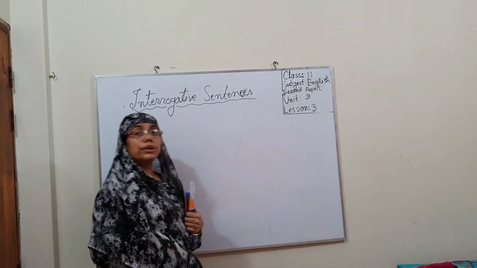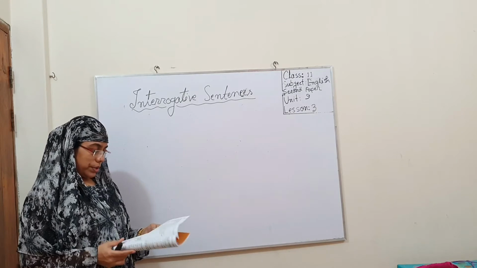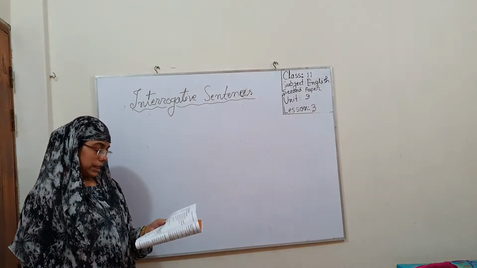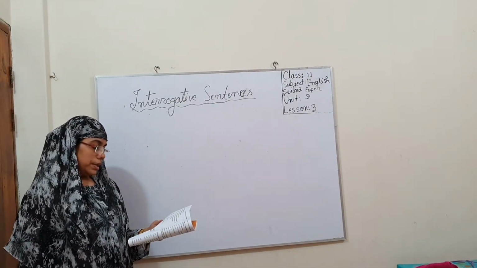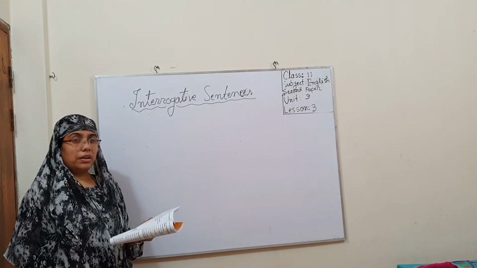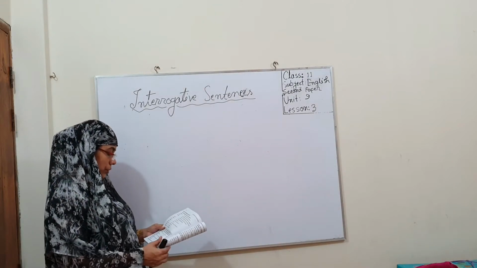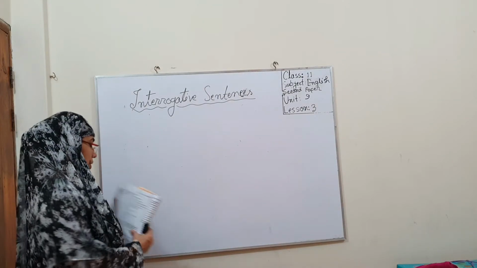Can you tell me how many types of interrogative sentences there are? Two types. One type is WH questions, and another type is verbal questions. In verbal questions, we use a verb at the very beginning of the sentence. And the WH question structure is: WH word, verb, subject, extension.